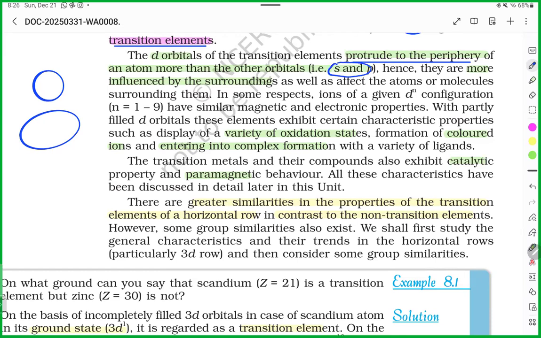Because of that, they are more influenced by the surroundings. Example, when you read about coordination compounds, you feel it, that ligands easily influence the orbital, right? Yes or no?